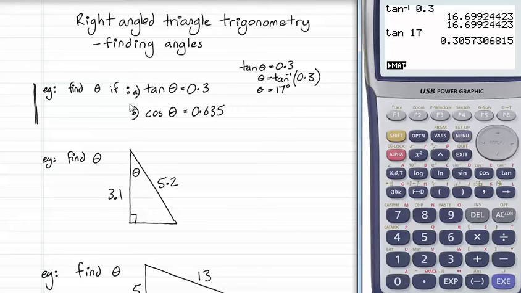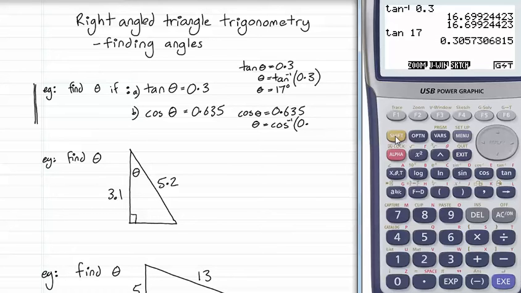So, when the cos ratio of an angle is 0.635, what's the angle? We do it the same way. Cos of the angle is 0.635, and we want to get rid of the cos and get just the angle, so we do opposite cos, inverse cos to both sides.